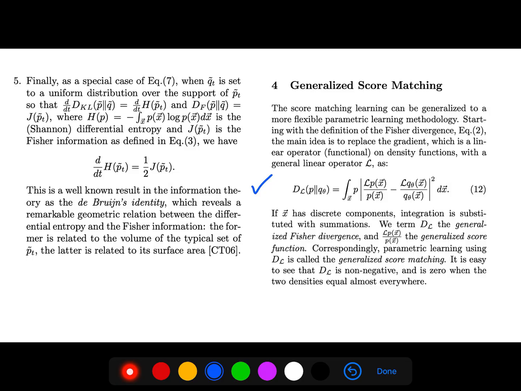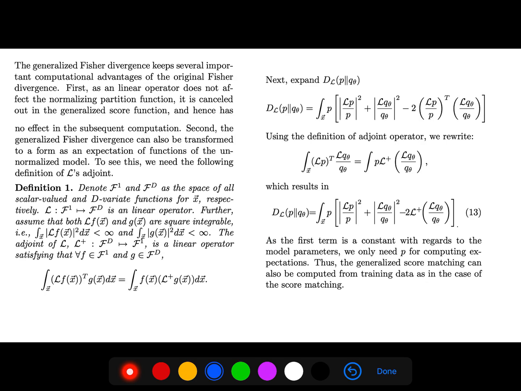We call this the generalized Fisher divergence, and this one the generalized score function. A functional is much more general than just the gradient, so that's why they take advantage of this idea, and we can have a generalized score function.